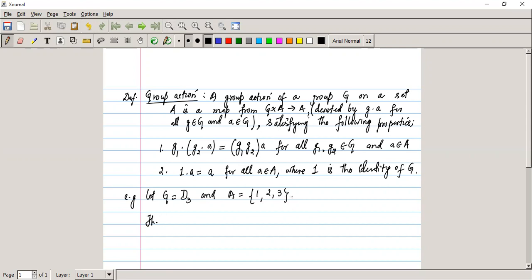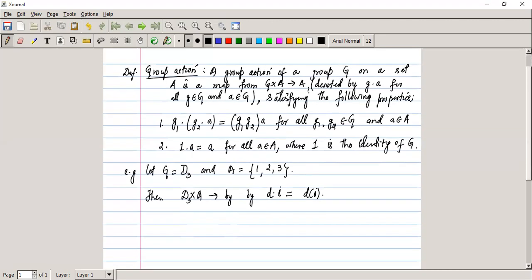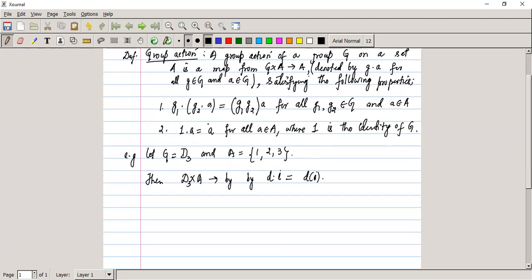Then there is a group action defined from D3 cross A into A by choosing some D from D3 and some I from the set A, and this is equal to D of I. This kind of mapping satisfies these two axioms and hence is a group action.